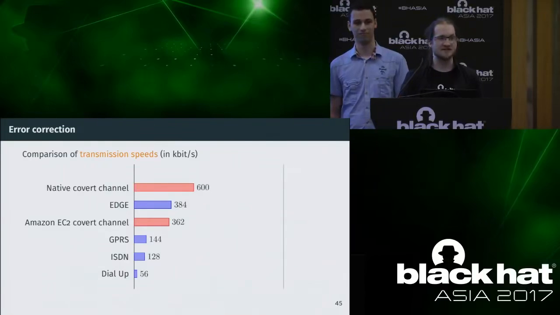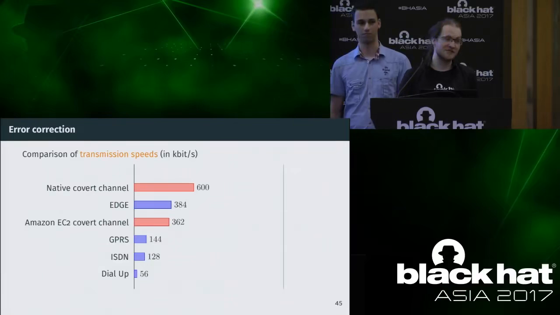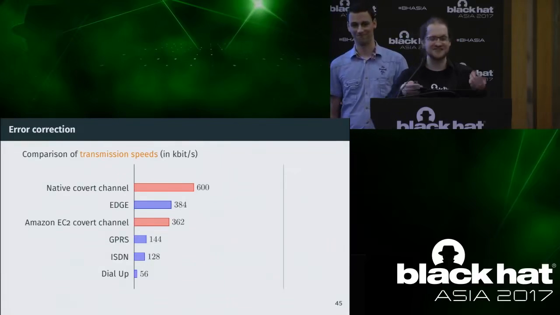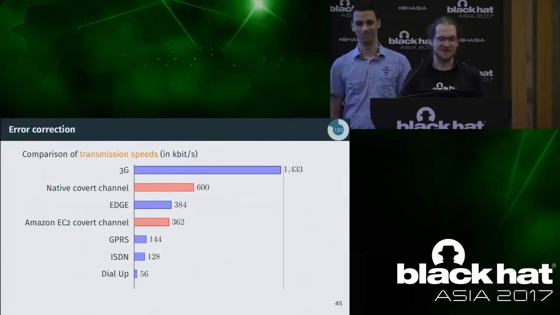Of course, how fast the cover channel is depends very much on the hardware you use. The latest hardware is faster, so Intel is actually helping us. They're producing faster CPUs, so we have a faster cover channel. And also to put it into perspective, above that is 3G, which is around double as fast.